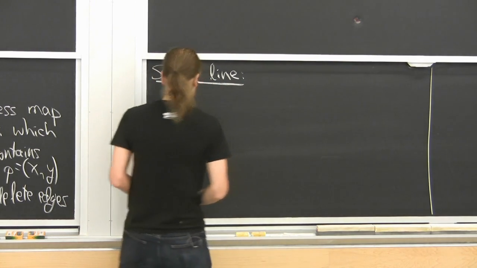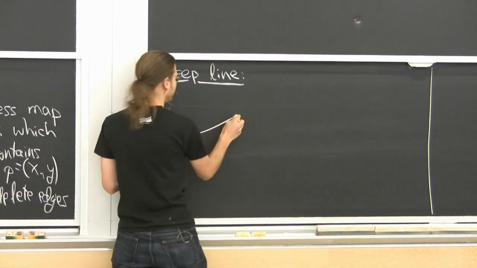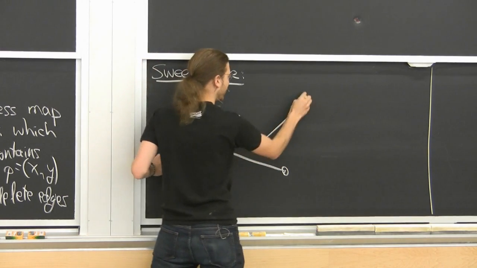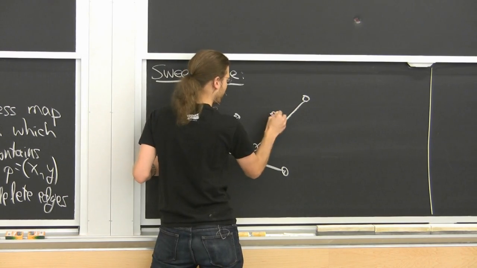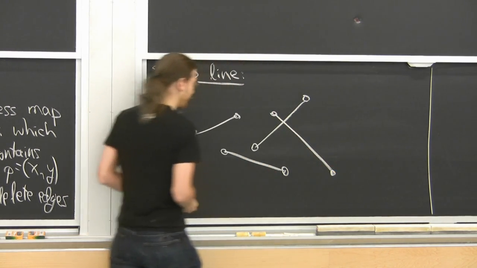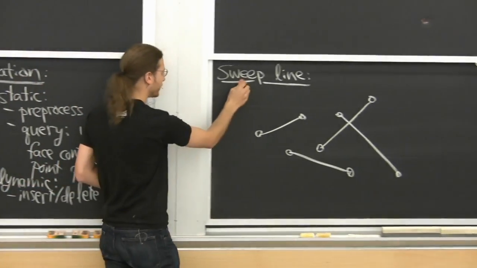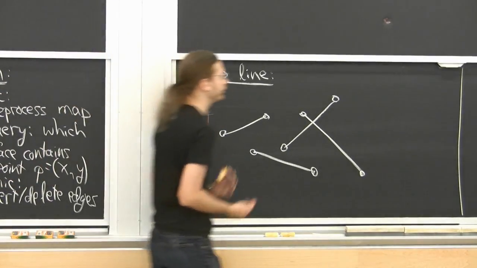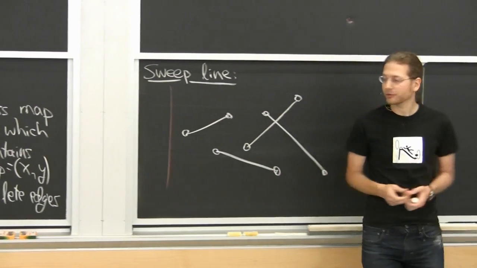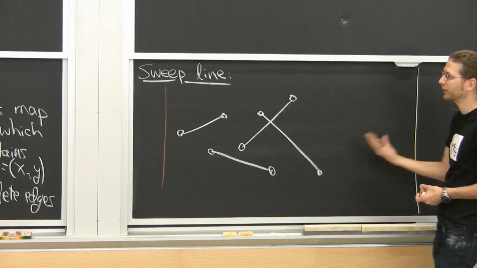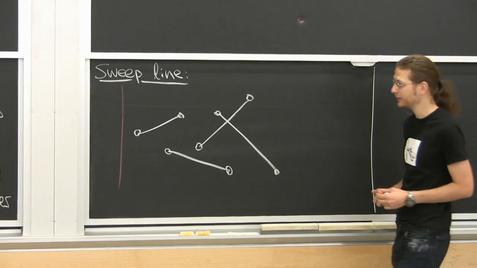So sweep line technique. It's a very simple idea. Say you have some line segments in the plane, something like this, and I'm going to take a vertical line. So the algorithmic problem is I want to know, are there any crossings? Do any of these segments cross? This is where sweep line technique comes from, I believe.